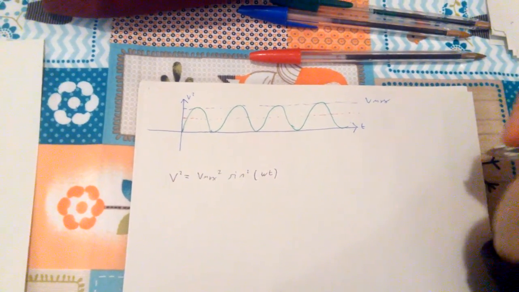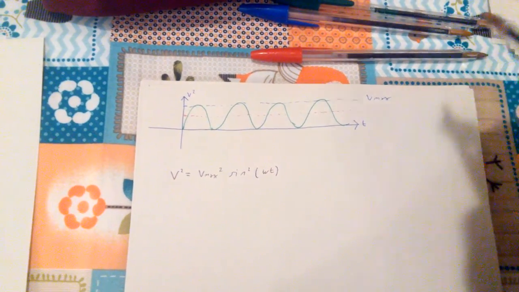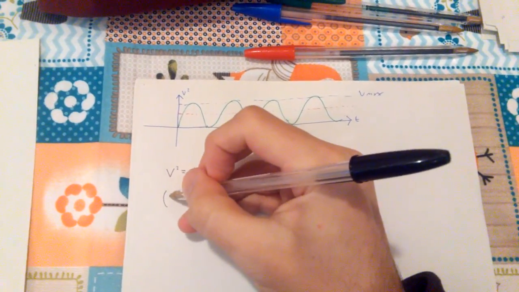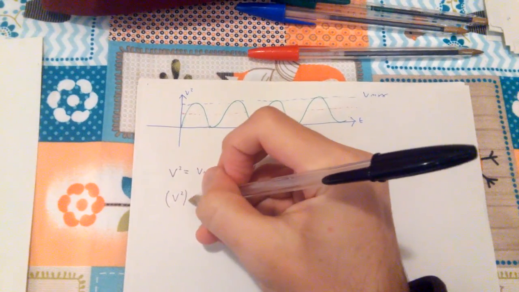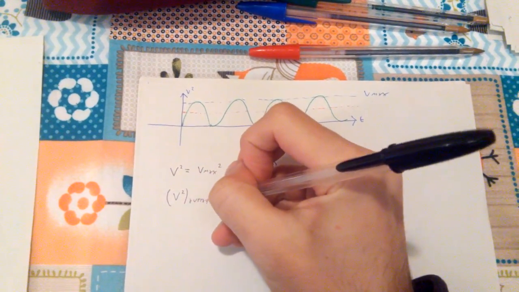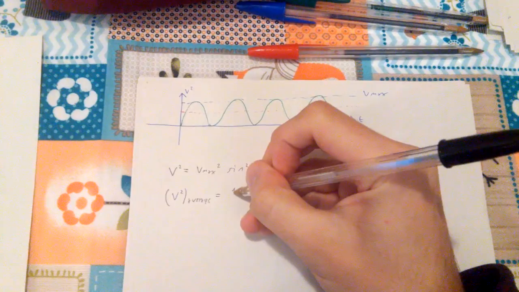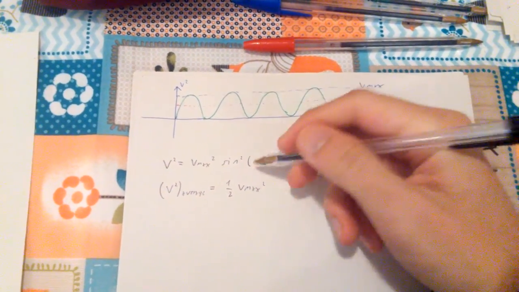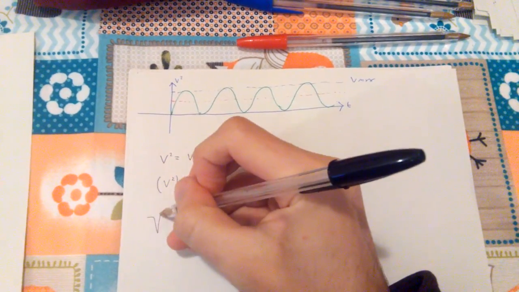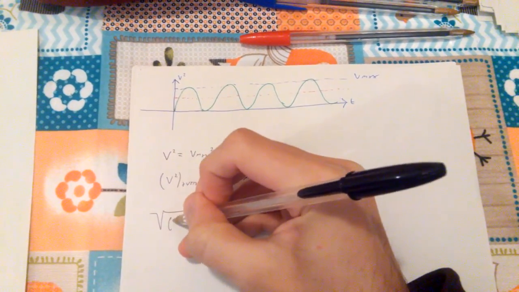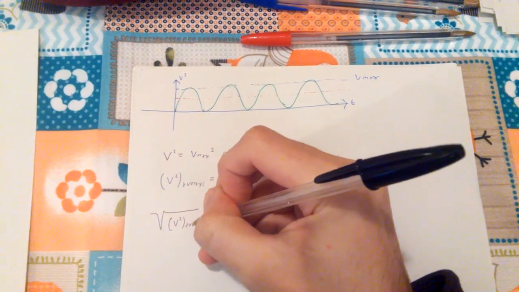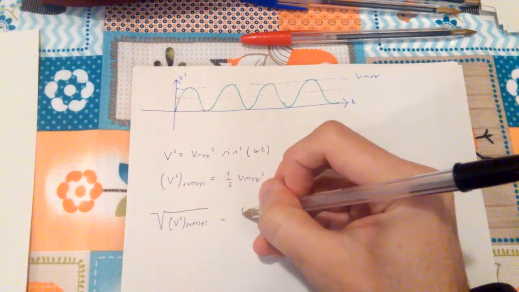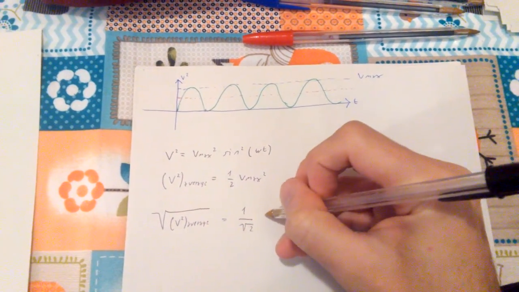Now, what if I take the average of this v squared? Well, if I take the average of v squared, I'll get 1 over 2 Vmax squared. And if I take the square root, the average will be Vmax over the square root of 2.